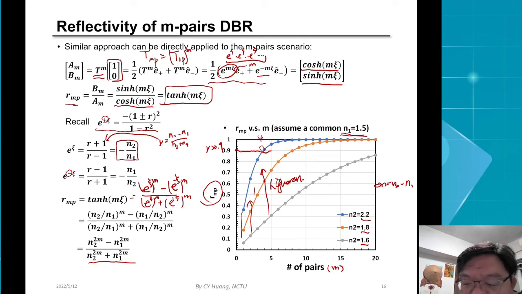But for n equal to 1.8, probably you need 9 pairs. For n equal to 1.6, delta n in this case is only 0.1. Probably 20 pairs won't make it. You need to try to find it out. Probably it will be 22 pairs or something like this.